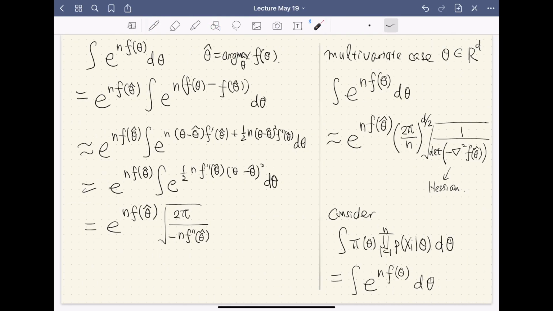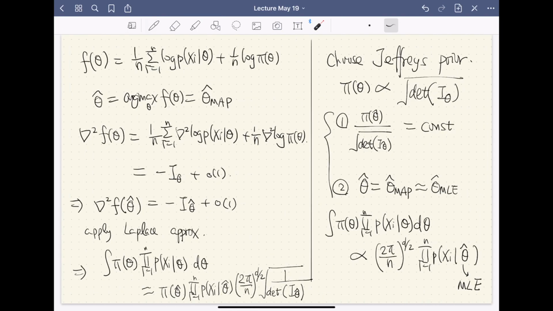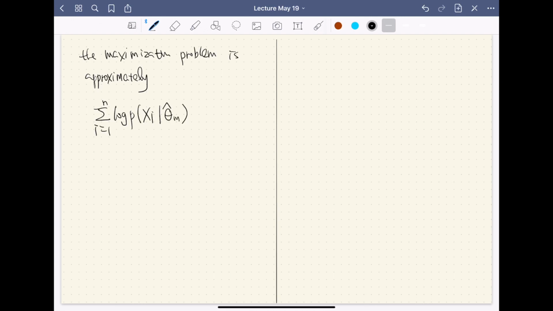Now let's go back to the original formula that we are trying to maximize. This is the formula that we are trying to maximize. Right? So with the approximation, the maximization problem is approximately log likelihood minus dm over 2 log n over 2 pi.